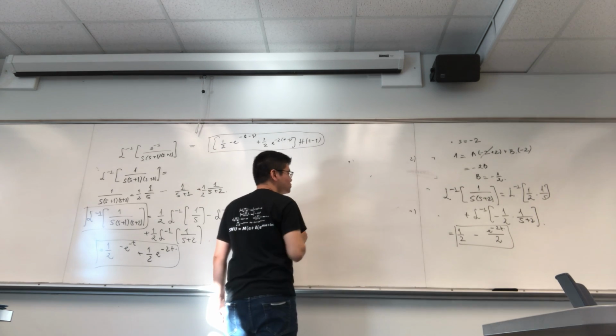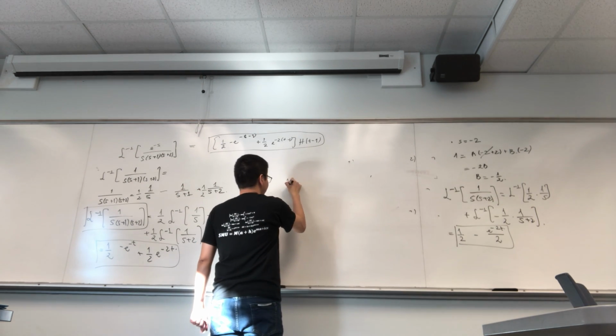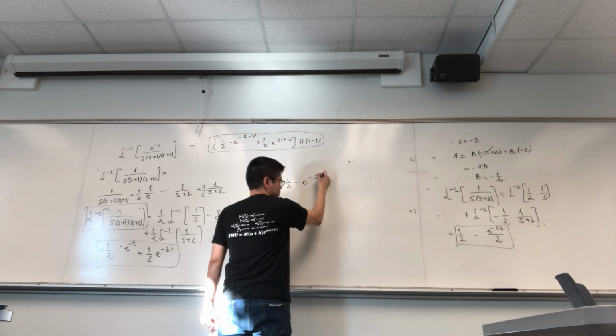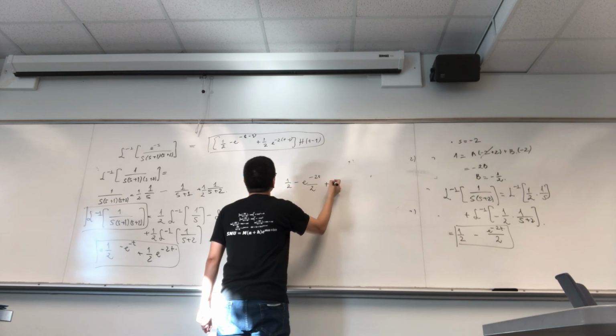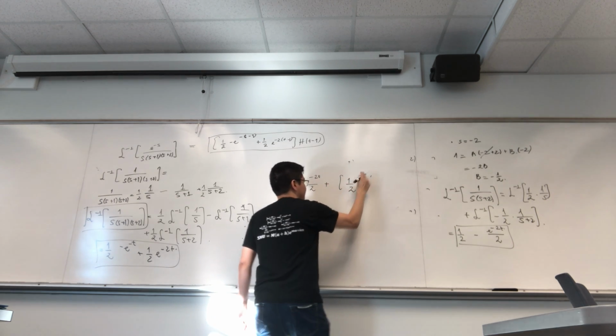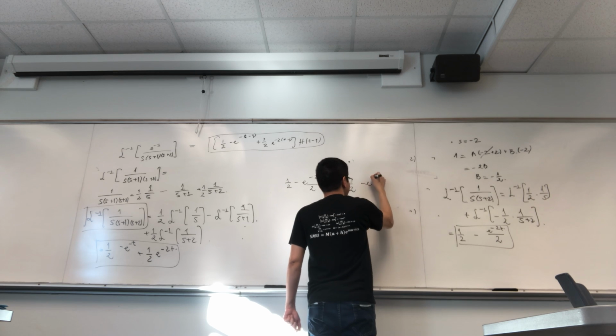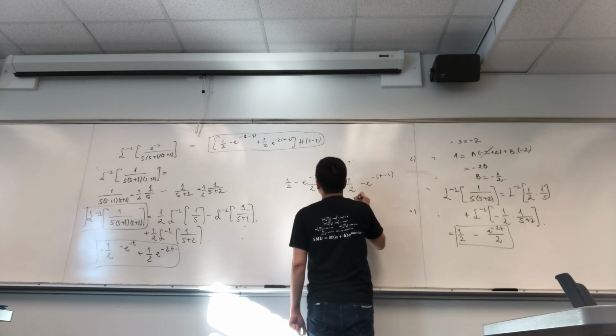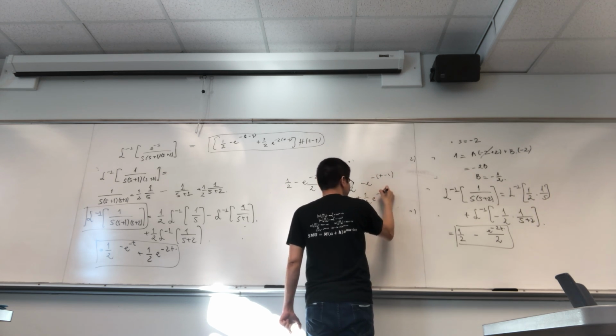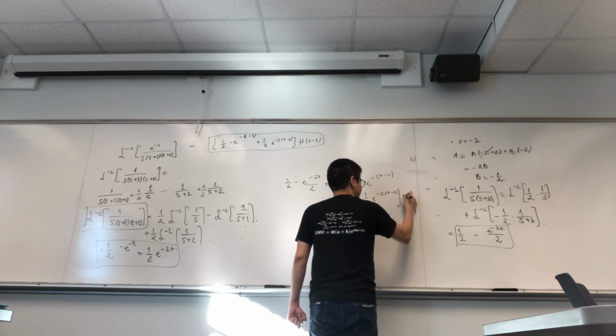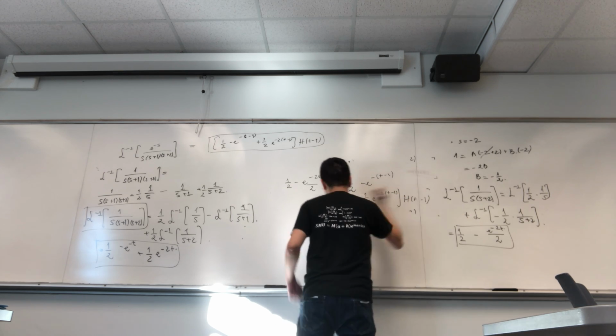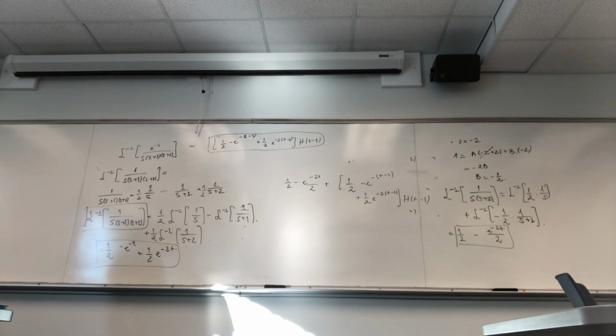Basically the solution will be 1/2 minus e to the power minus t over 2 plus 1/2 e to the power minus 2t, plus the shifted part: 1/2 minus e to the power minus (t minus 1) plus 1/2 e to the power minus 2(t minus 1), times h(t minus 1), right? Any questions on this exercise?